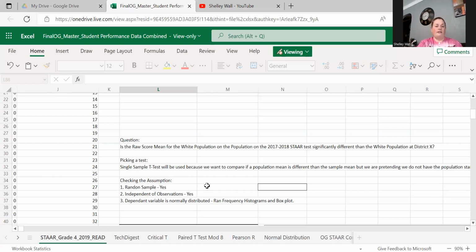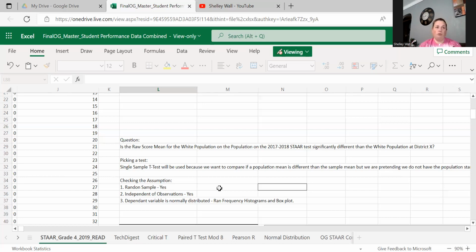So the next step is checking our assumptions, and our assumptions are three-part in nature. One is, do we have a random sample? And yes, we have a random sample. Although I selected a district, I did not choose who was enrolled in that district. I did not choose who was enrolled in fourth grade or when they were in fourth grade.